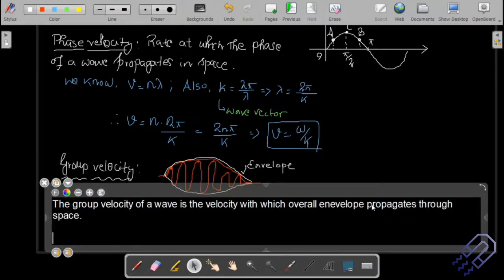And I hope we understand what is meant by group. Maybe I can put it inside brackets: what is a wave group? Wave group means, we have already studied Young's double slit experiment, and you already know what is meant by superposition. If you have two waves, let's say y1 and y2, you can combine them and get the resultant. So y1 plus y2 will give you the resultant wave. But they cannot superimpose every time. They have to satisfy certain conditions.